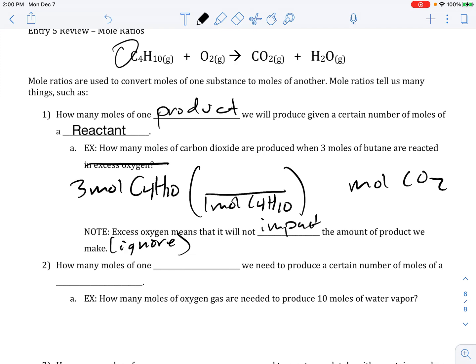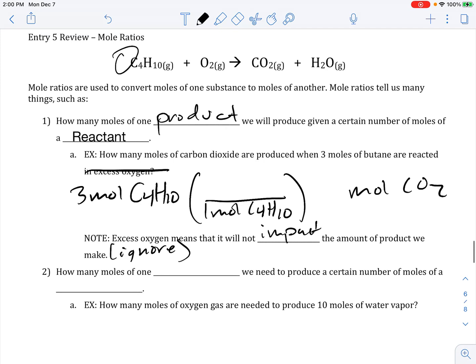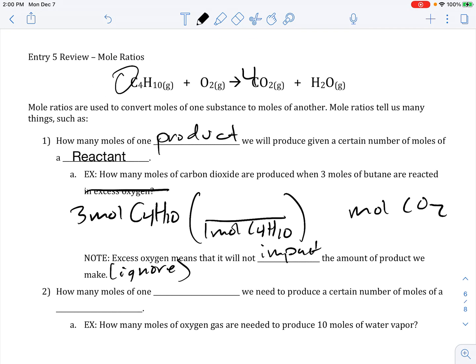And then CO2, oh, my bad, this is not balanced. That would be why. So there's a 4 here. Actually, this is going to be a 2. I'm going to start over. This is going to be a 2, which is going to be an 8 here.